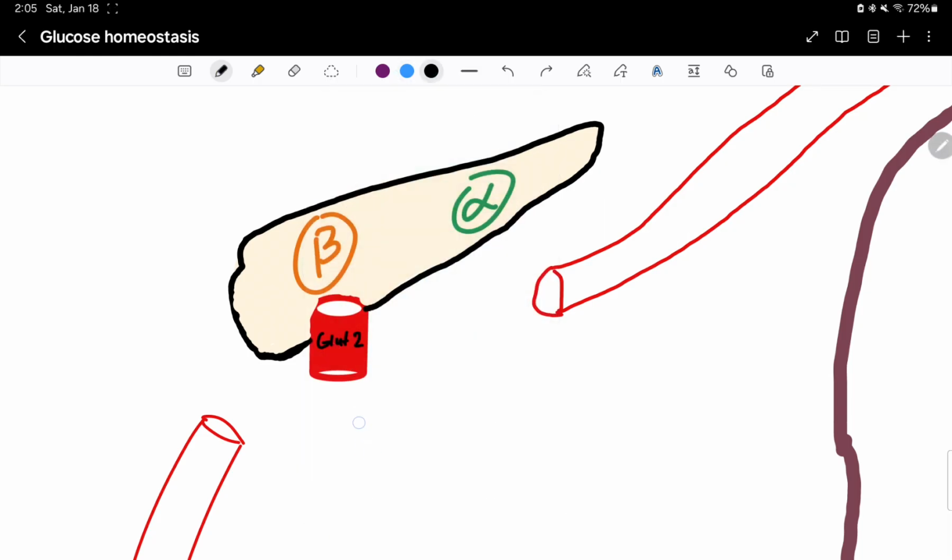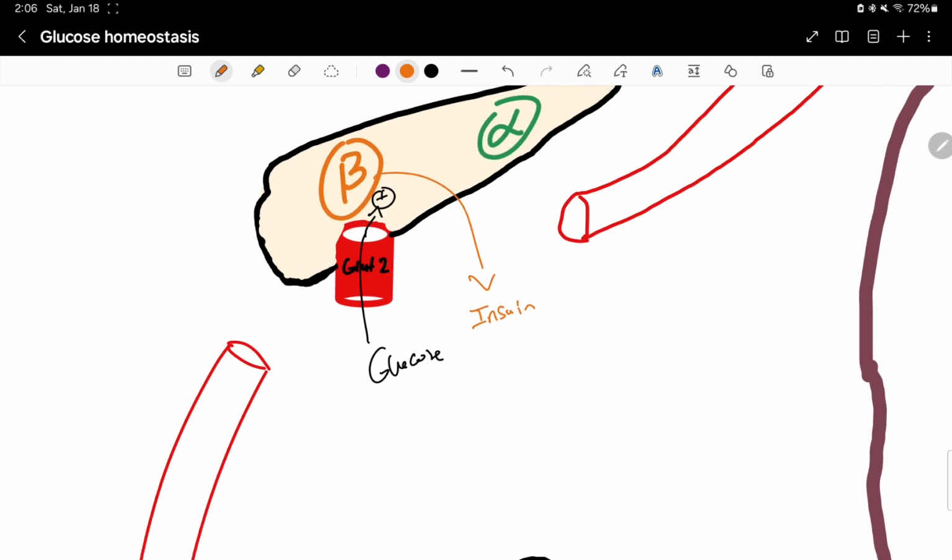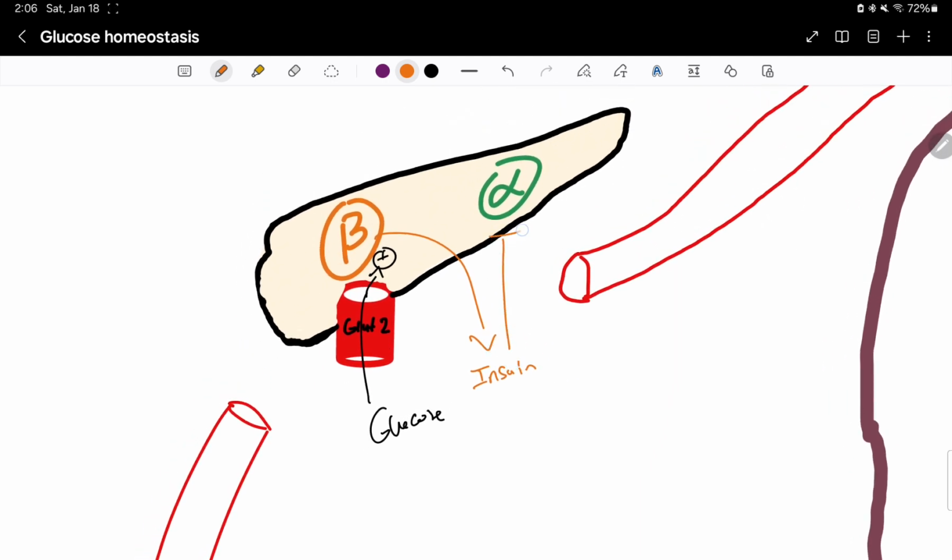So the glucose will obviously circulate and come to this pancreas and stimulate the beta cells to make a special hormone, and we all know this special hormone. This special hormone is called insulin. So we make insulin. Awesome. And by the way, the presence of insulin actually inhibits glucagon secretion from the alpha cells.